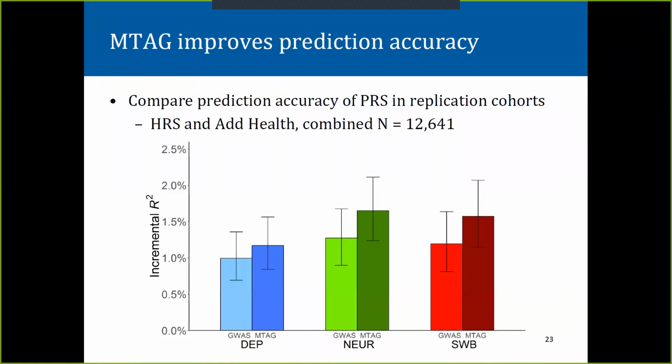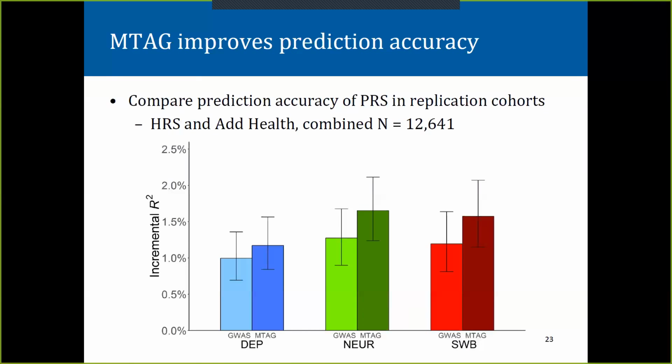And we look at the R squared of that regression. And then we run a regression where we regress the outcome on all of those controls and also the polygenic score. And we look at how much the R squared increases after including the score. And so that's what the y-axis represents. And we see that in all three of these cases, the predictive power of the polygenic score increases.